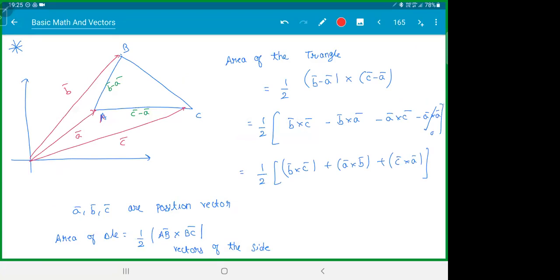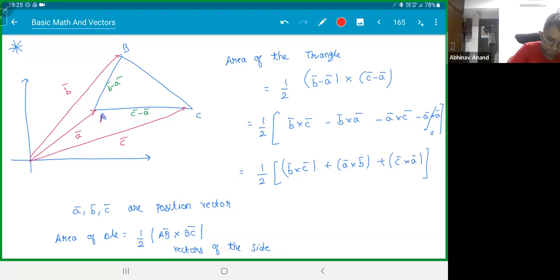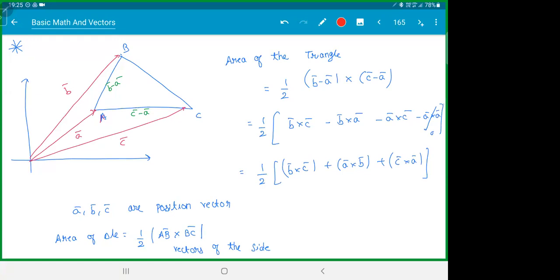Clear? Any doubts? Can I go ahead? Paulika, clear na? Niranjan? So 1 minute. Ritu, Vidyut, Venkatesh? Yes, sir. Abhinav, go ahead. So 1 minute.